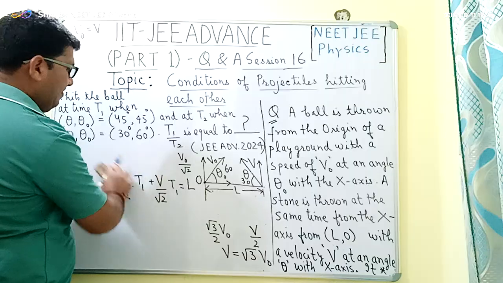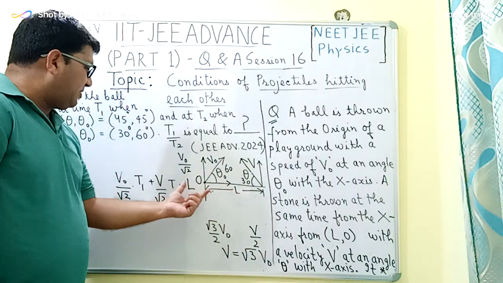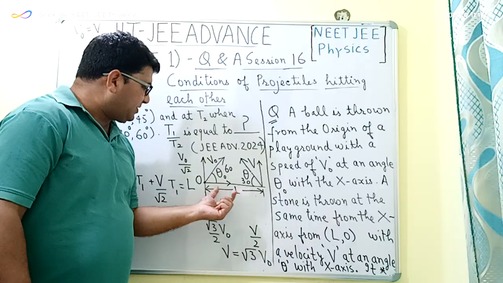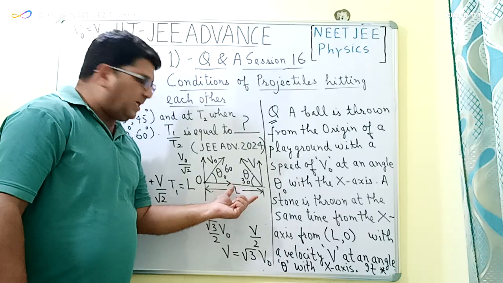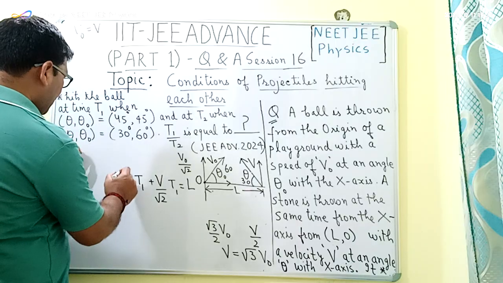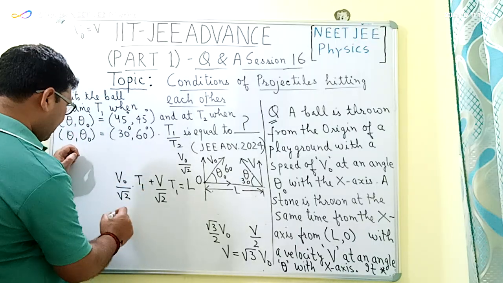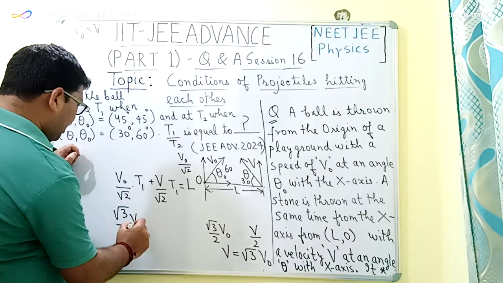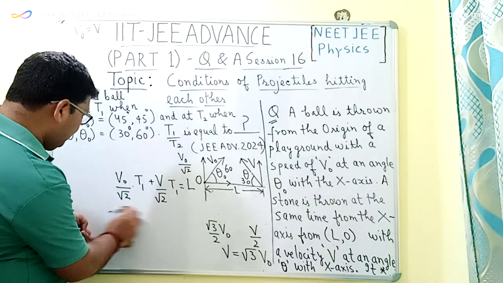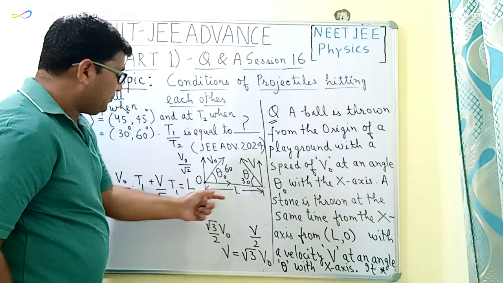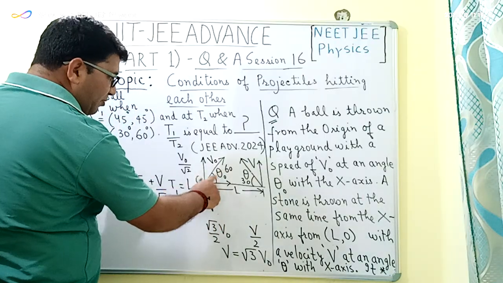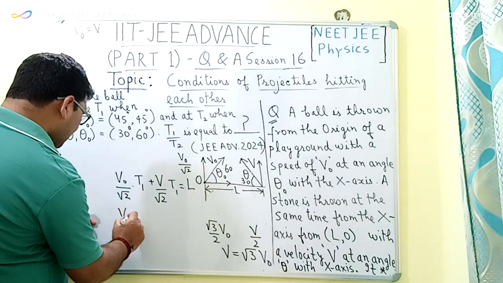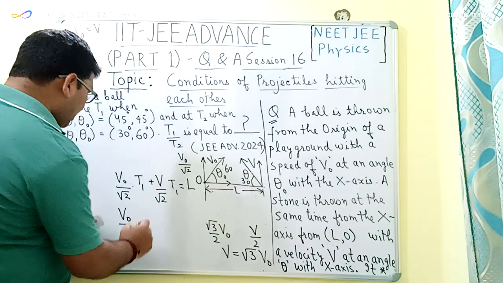Now at the same time, the sum of the horizontal distances traveled by the ball and the stone should be equal to L. So the second equation which I will be getting is this: the horizontal component of the velocity of the ball will be equal to V naught cos 60, which is equal to 1 by 2, into T2.